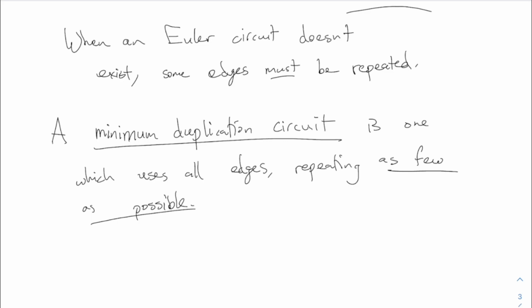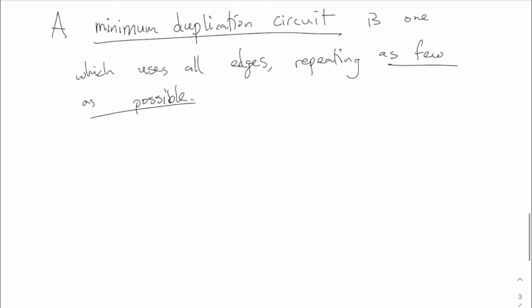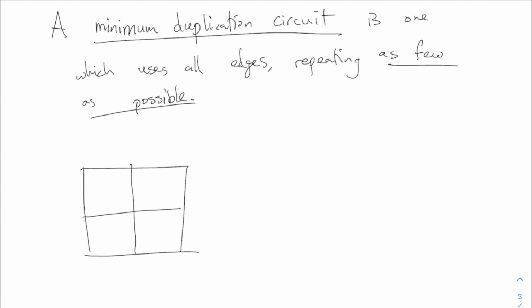So, for example, and this is a new thing that we're going to have to learn how to think properly about, the scenario is something like this. Let's say you're like Mr. Plow on this little grid here. Can we cover all edges with no repeats?